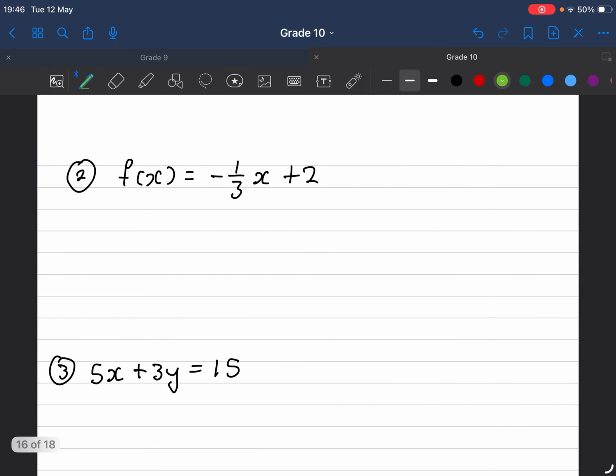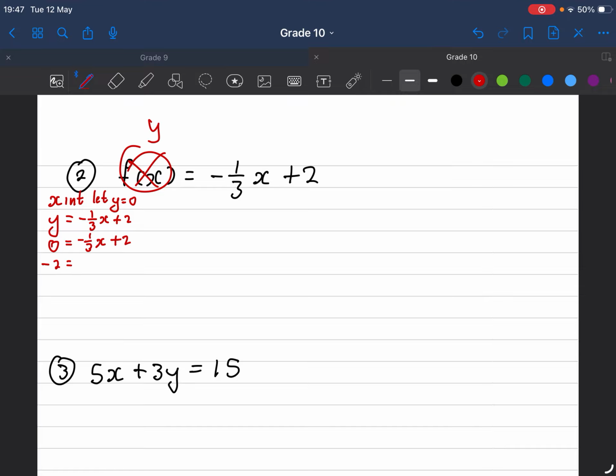Let's try that again. x-intercept, let y equal 0. So instead of this, I'm going to write y is equal to negative 1 over 3x plus 2. So 0 is equal to negative 1 over 3x plus 2. Negative 2 is equal to negative 1 over 3x.